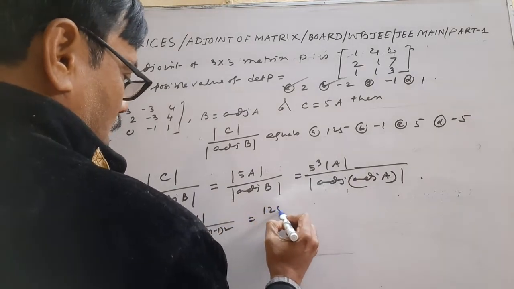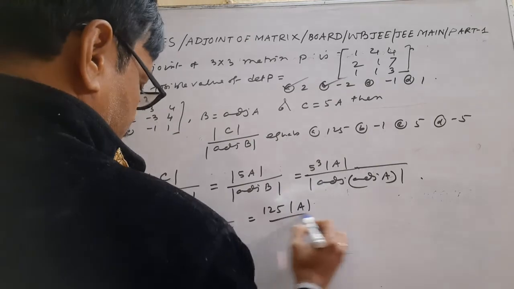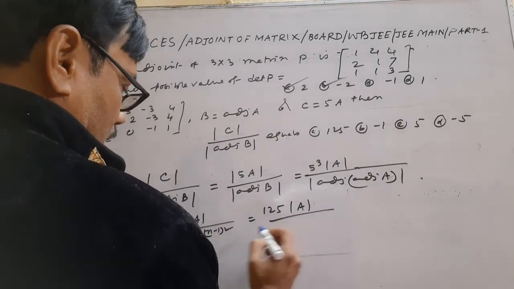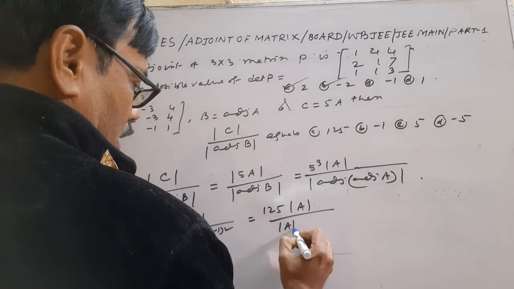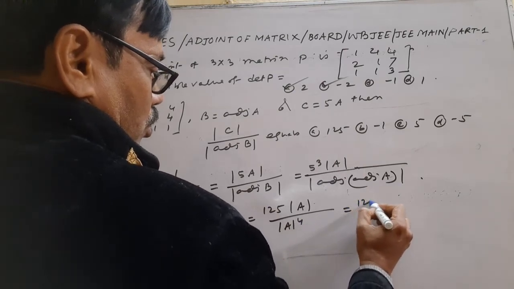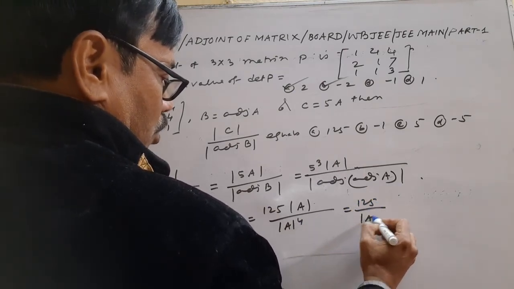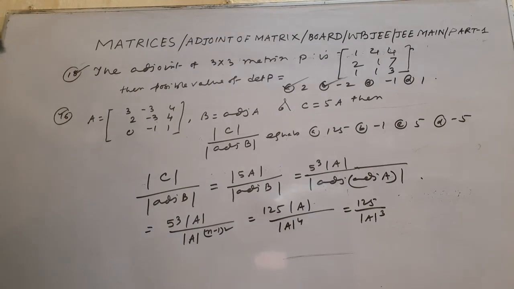So 5 into determinant A, n is 3. So this is determinant A to the power 4. So 5 cube by A, n minus 1 whole square.